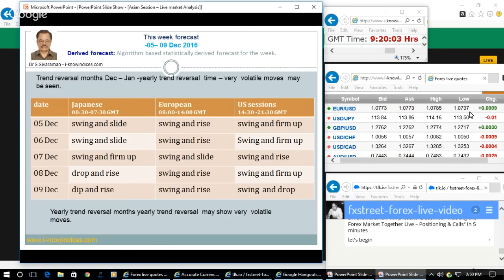But what happened? They simply gained the levels during yesterday's European and US sessions. And today, during the Japanese session, they made a swing and a nominal slide, and started rising during the European session. You find the net change is positive in Euro and GBP.